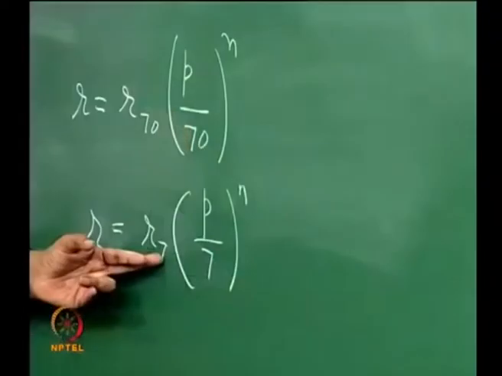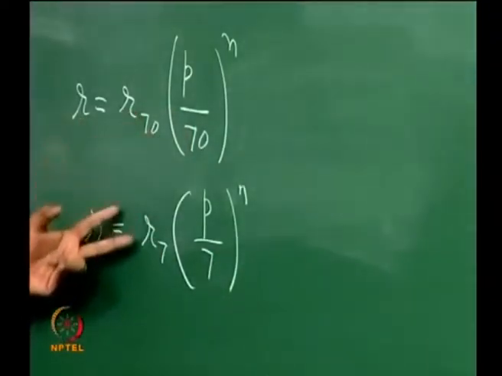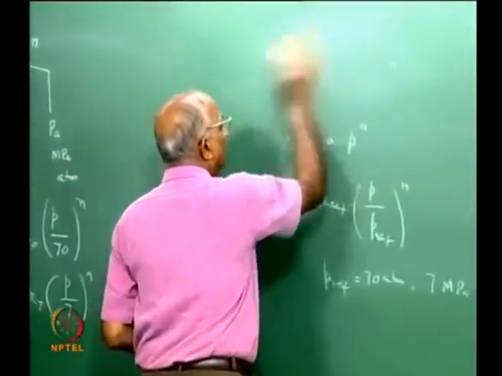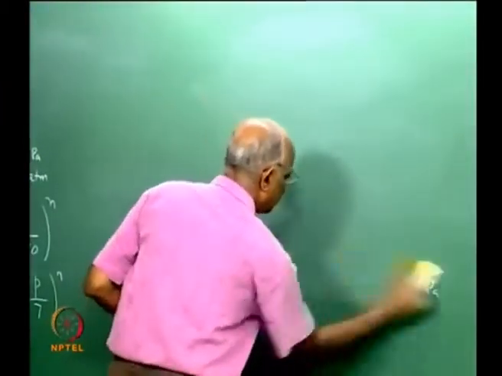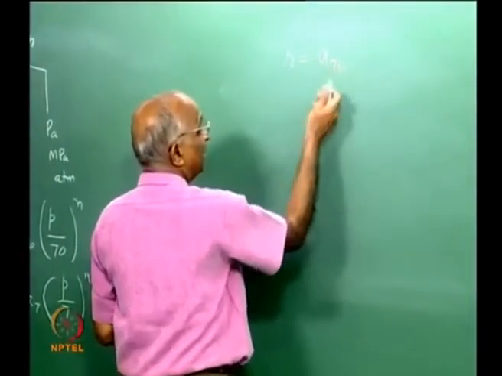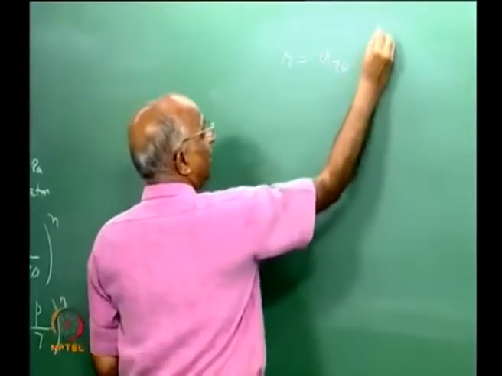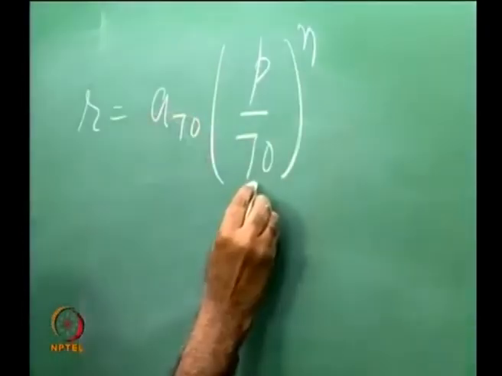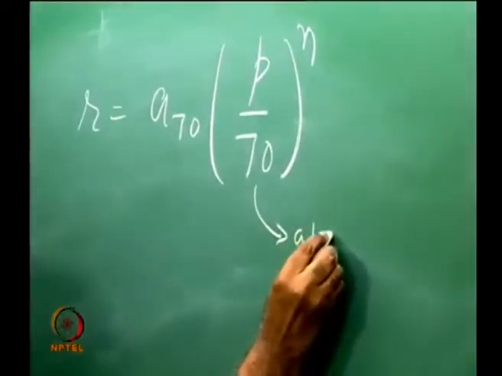This is at 7 megapascal, same as 70, and therefore many books write the value of r as r is equal to a70, they say this is your reference at 70, into P divided by 70 to the power n. You must remember immediately this we are talking of atmospheric pressure.